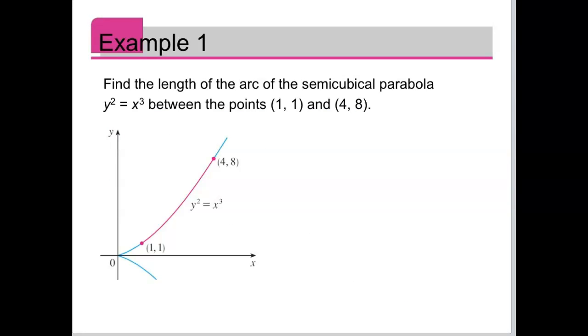So we want to find the length of the arc of the semi-cubical parabola given by the equation y squared equals x cubed between the points (1, 1) and (4, 8). You can notice that these points are on the top branch of this thing called a semi-cubical parabola.